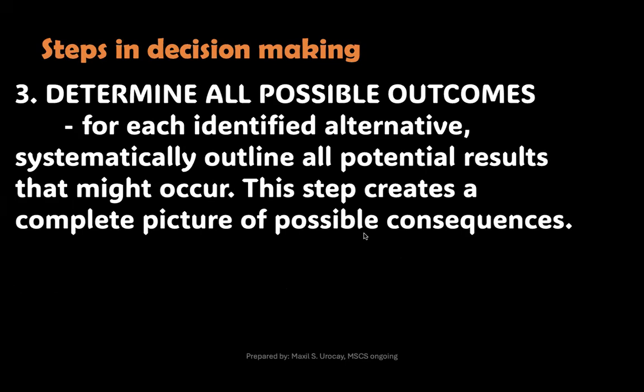For each identified alternative, systematically outline all the potential results that might occur. In this step, you have to create a complete picture of possible consequences. If there is high customer demand, it will lead your computer cafe to full utilization.